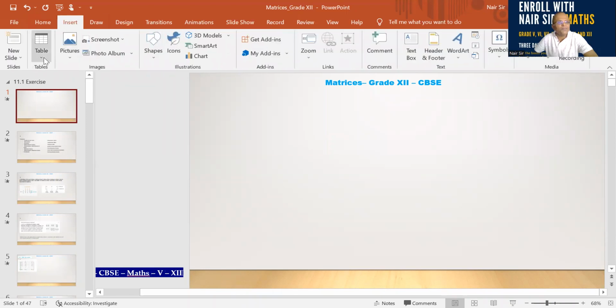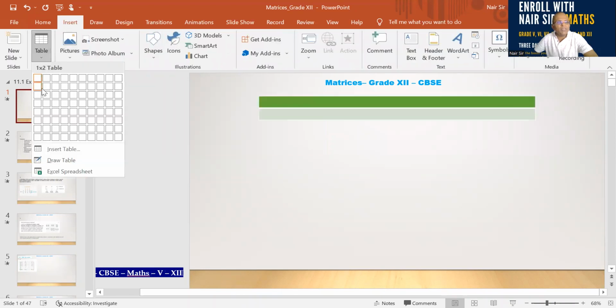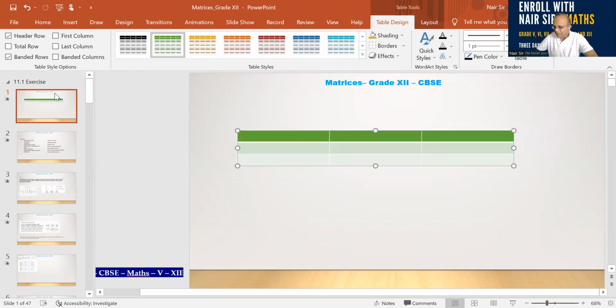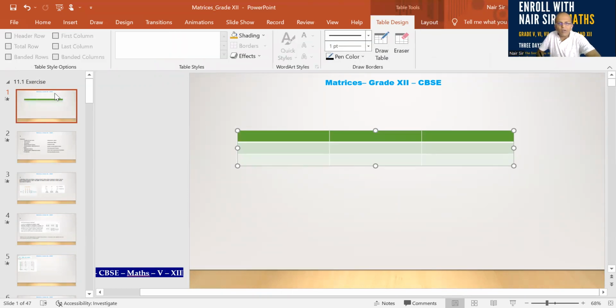Here, insert. I'm inserting this one. Now, if you notice, I have inserted one row, two rows, three rows. I have inserted one column, two columns, three columns.